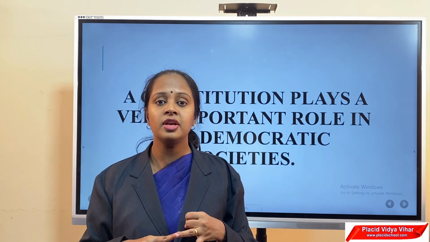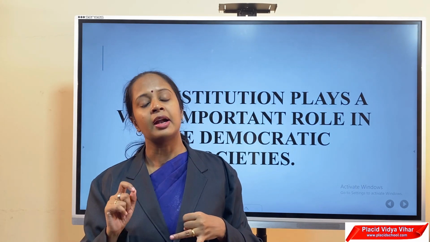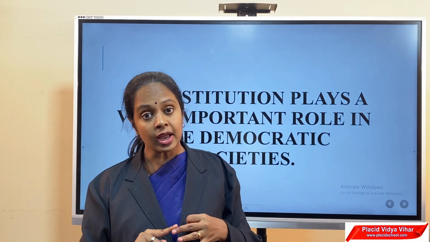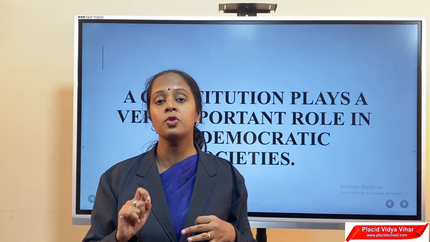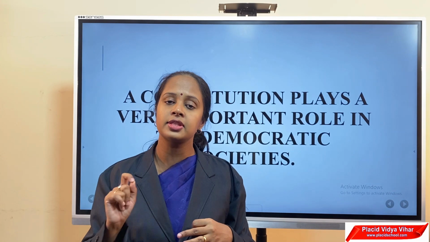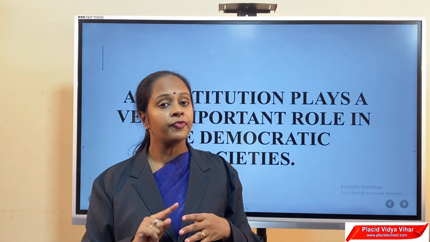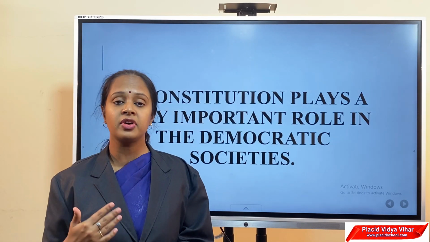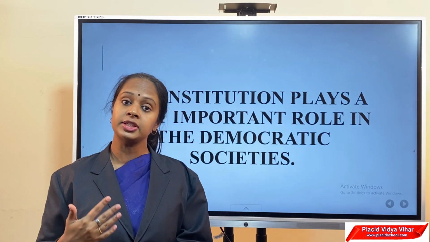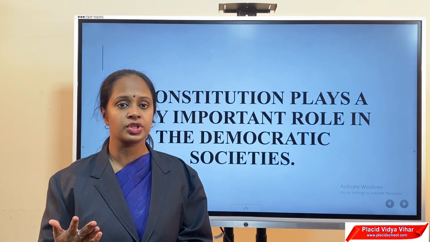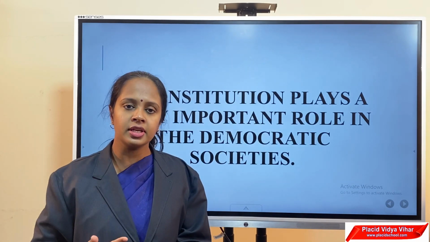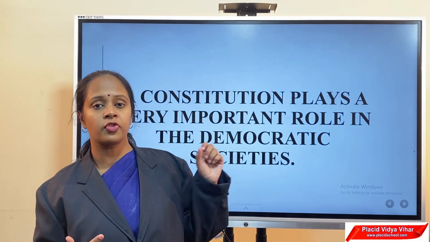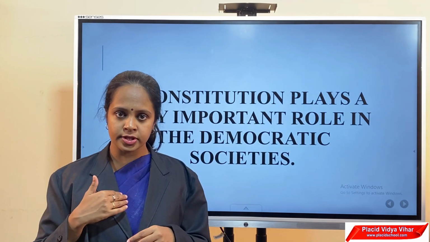Second, it defines the nature of a country's political system. Third, it ensures that a dominant group is not using its power against the less dominant group. And fourth, it saves us from ourselves, protecting us from taking decisions that could adversely affect the society as a whole. Because of all these reasons, we need a constitution.